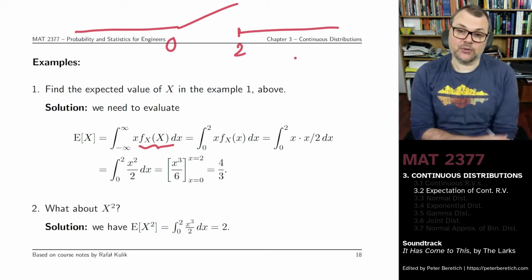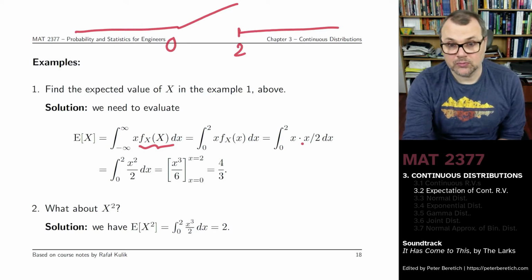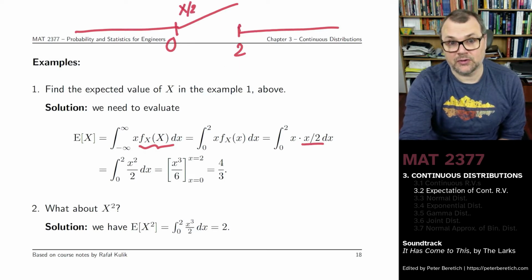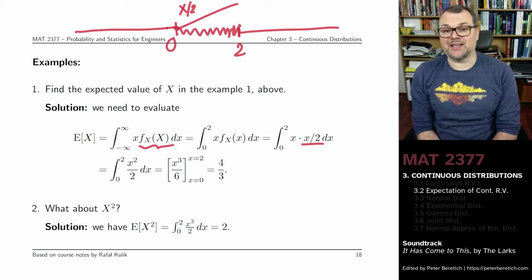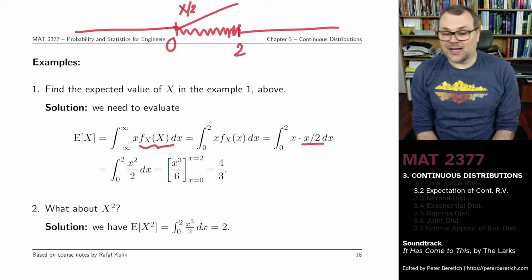So here we integrate x times x over 2, this function here, over the interval 0, 2. This is the only place where something is happening. If you do this, well, you have to integrate x squared over 2. You use your knowledge from calculus. The antiderivative of x squared is x cubed over 3.